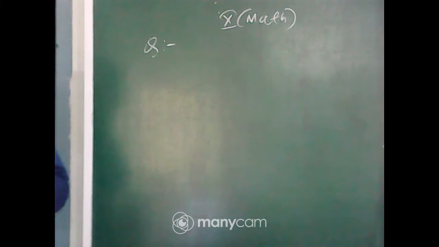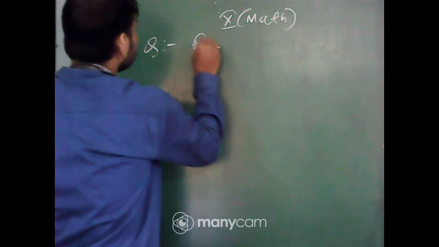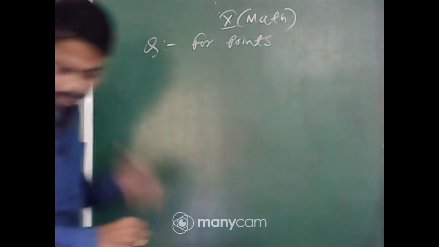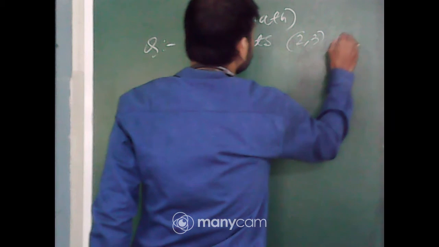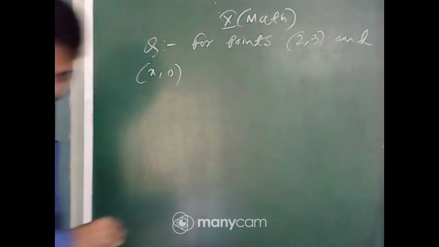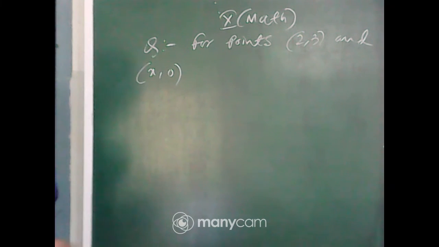So the first one is, I think, from coordinate geometry. Question: for points (2, 3) and (x, 0), the distance is 3.